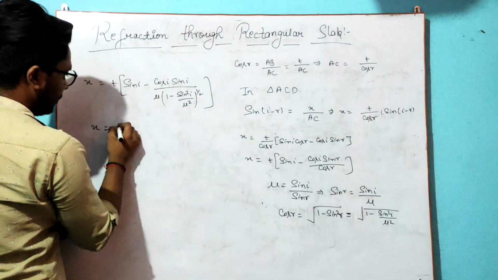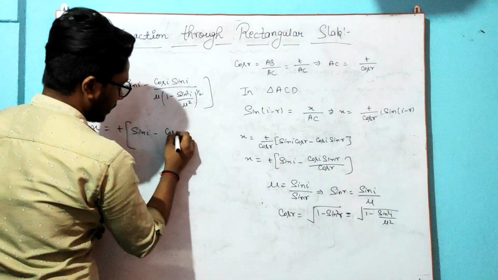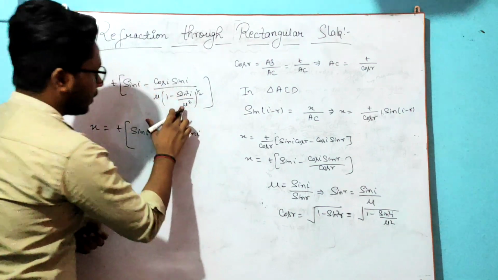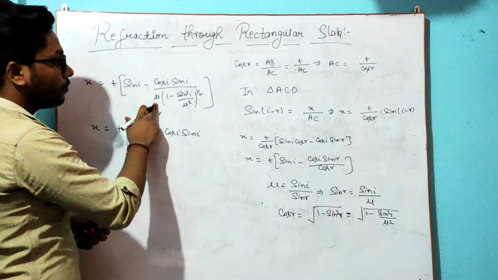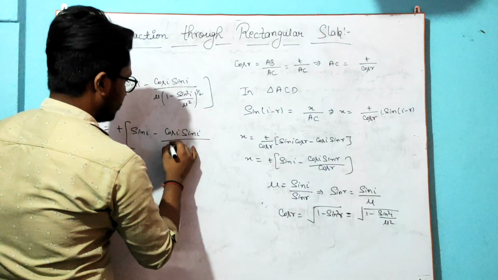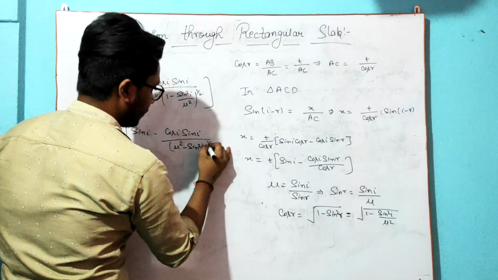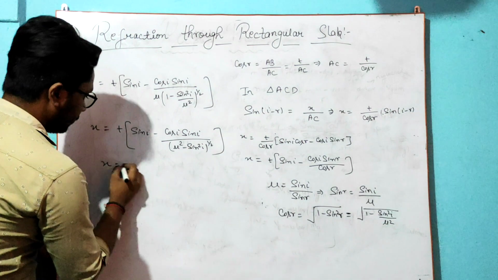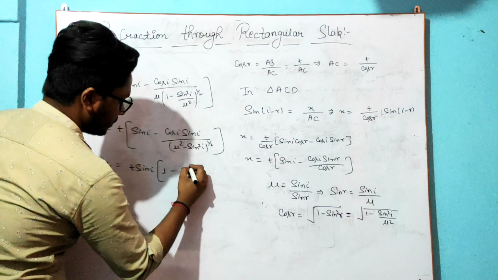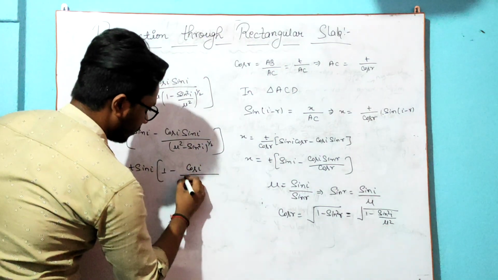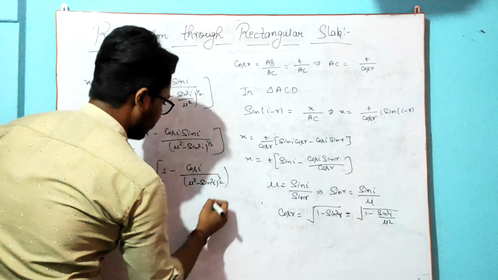So X is equal to T sin I minus cos I sin I. Now this mu is going up in the numerator, so mu cancels out. So what will be left? This is equal to mu square minus sin square I power 1 by 2. So X is equal to T sin I common, 1 minus cos I upon mu square minus sin square I power 1 by 2.